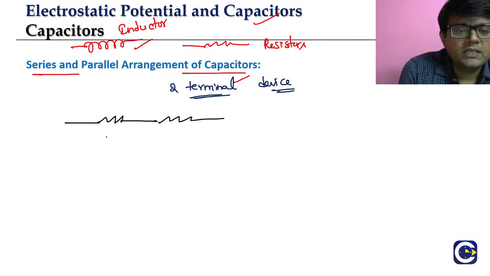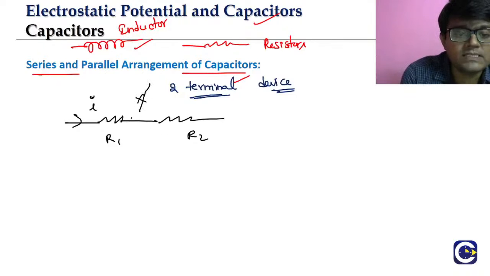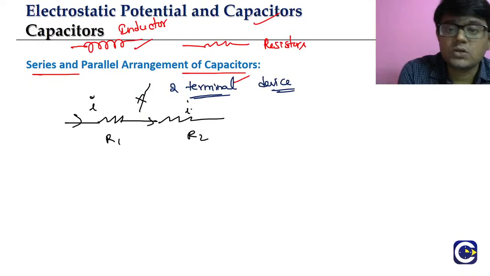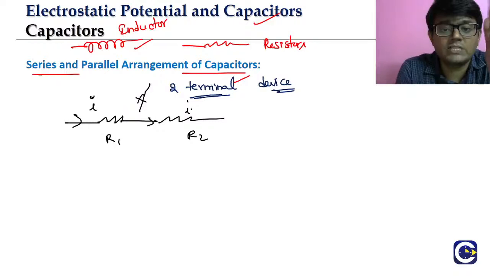Like, take a resistor R1 and this is R2. If there is a current going through R1, there should be no link, nothing should be there, right? Which means whatever current goes through R1, the same current has to go through R2 also. In the middle there will be no junction or branch.